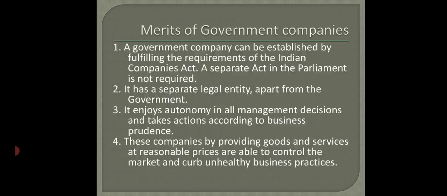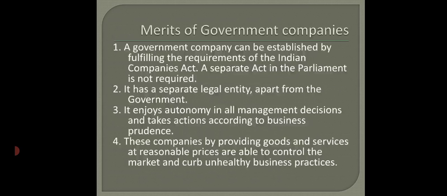Obviously, though 51% of the shareholdings belong to the government, it still has a separate legal entity from the government. It enjoys freedom, that is autonomy, in all management decisions and takes actions according to business prudence. So it enjoys complete freedom and takes decisions as per the business environment.